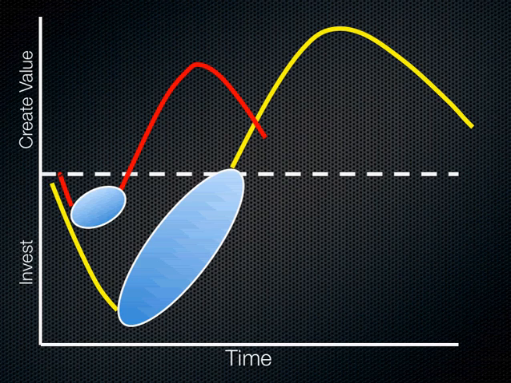As both of these cross the break-even point, that's the point where we start evaluating the value. And then, of course, as they both peak and start declining, those are the places where we start deciding that maybe it's time to decommission the software.